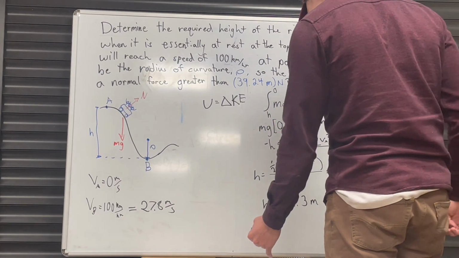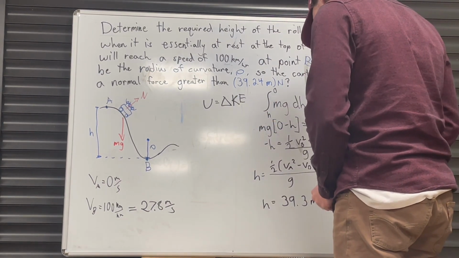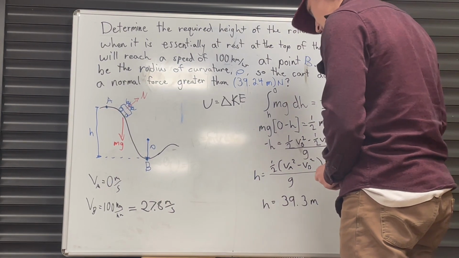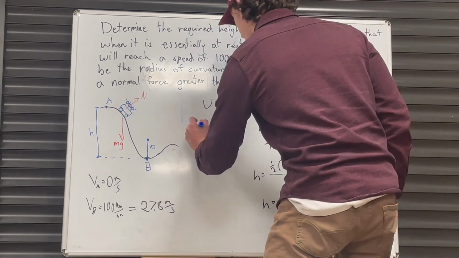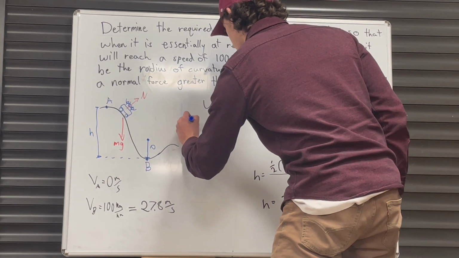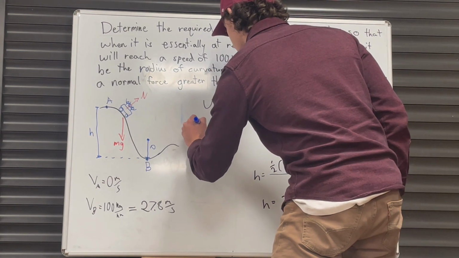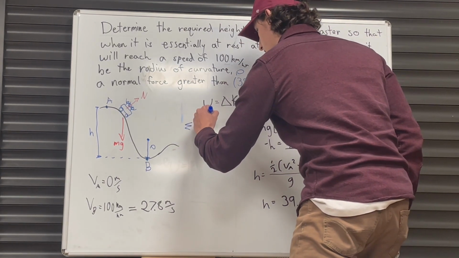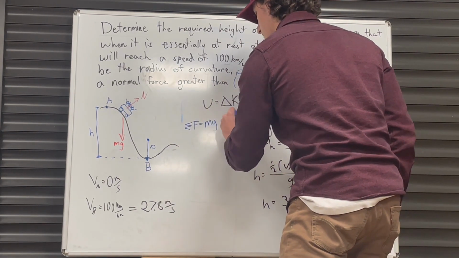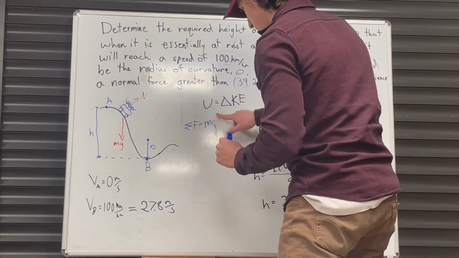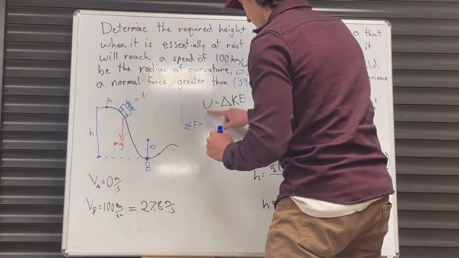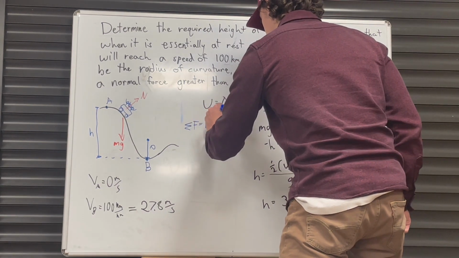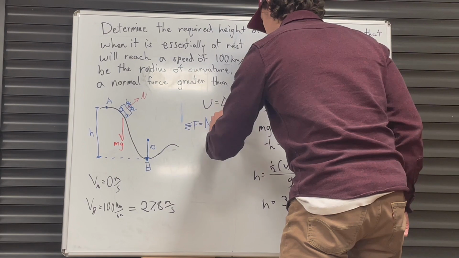Now for the radius of curvature. So we know at point B, the sum of all the forces equals, sorry, backwards, the normal force minus the force due to gravity.